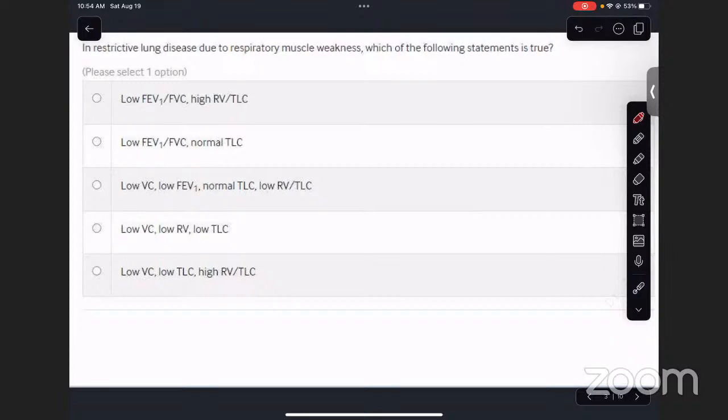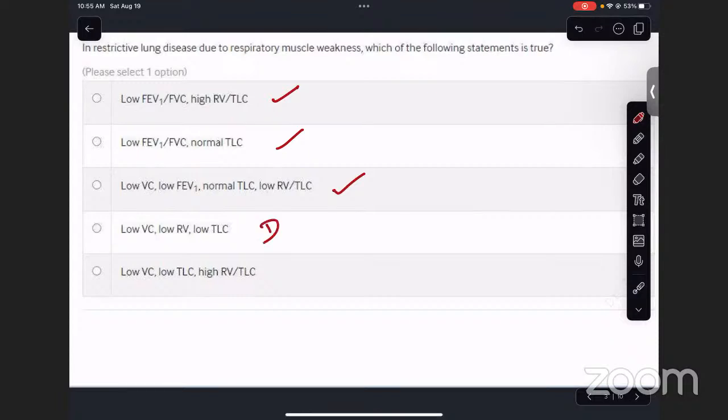Like respiratory muscle weakness, like myasthenia gravis, let's imagine that there will be nothing concerned with FEV1 and FVC ratios because it's not obstructive airway disease. So A and B are not our answer, and low vital capacity, low FEV1, forced expiratory volume in 1 second, associated with obstructive conditions is not concerned with these questions. So there's only D and E.